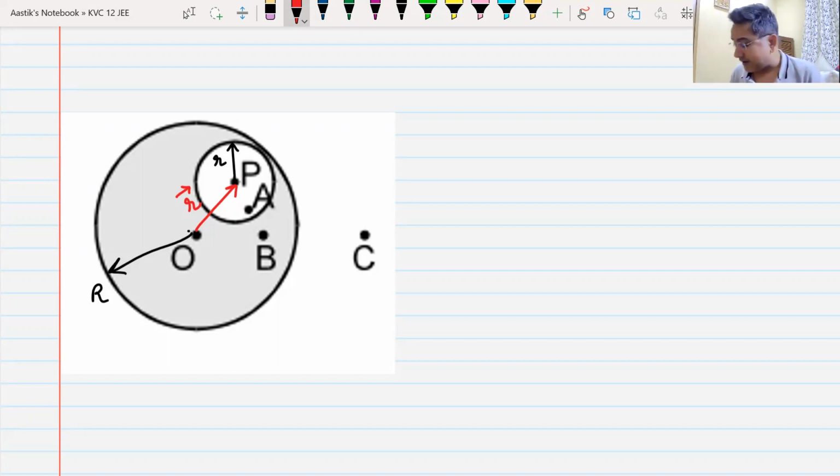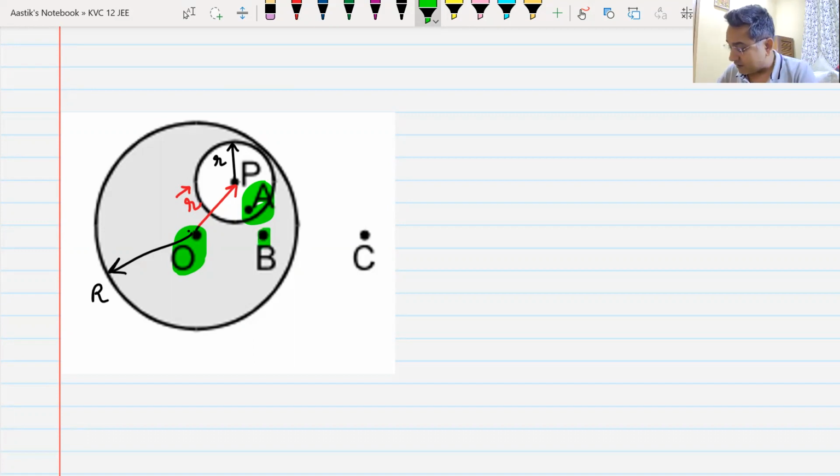And then you can find the electric field at any of these points. So at which points do you have to find the electric field? You have to find the electric field at the center O, first point. You have to find the electric field at point A, the second point. Now remember, the position of this point A is given. You can call it x vector.